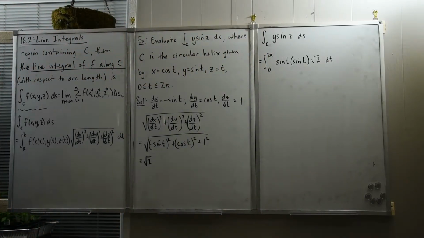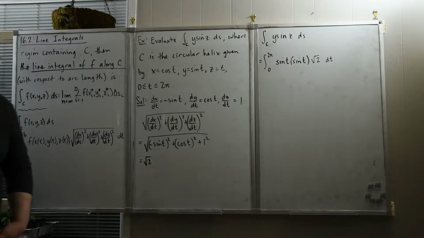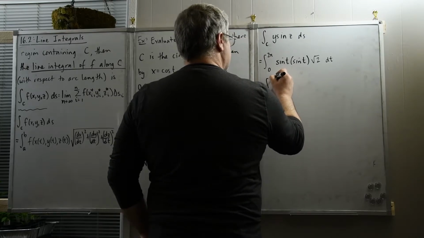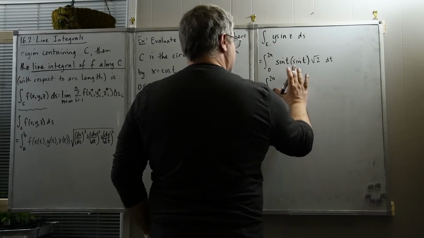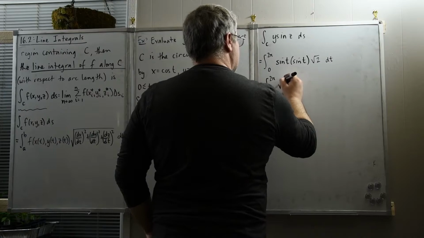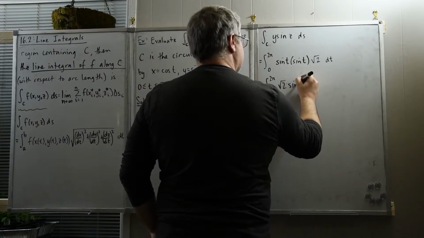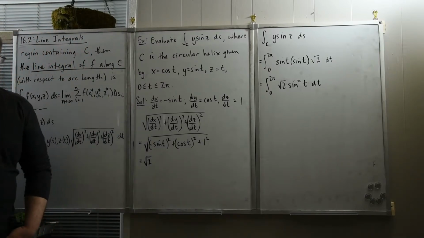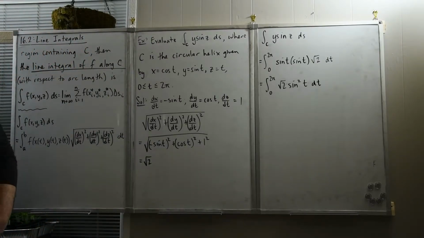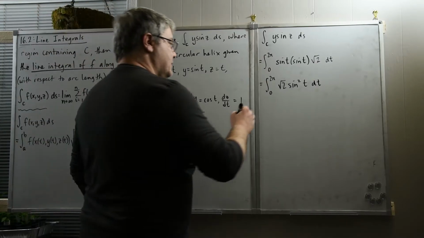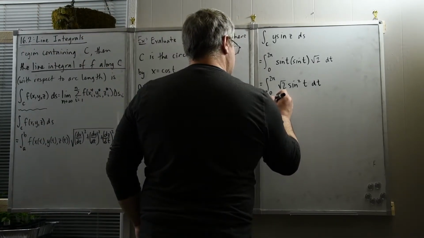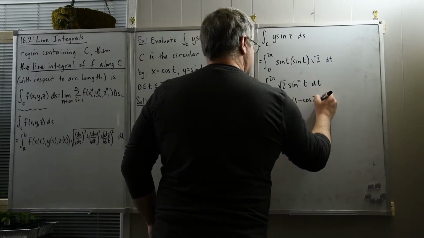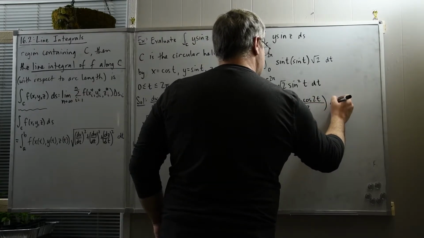Now, what this means is that this is the same thing as the integral from 0 to 2 pi of root 2 times sine squared t dt. But we know what sine squared t looks like. We have an identity that says that it's equal to 1 minus cosine 2t divided by 2.